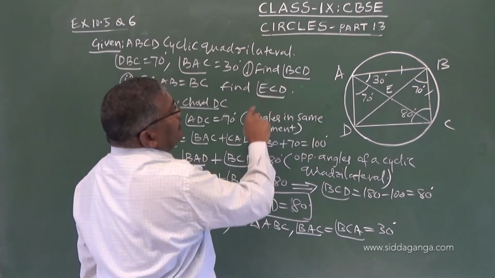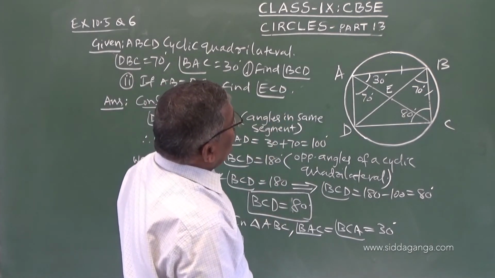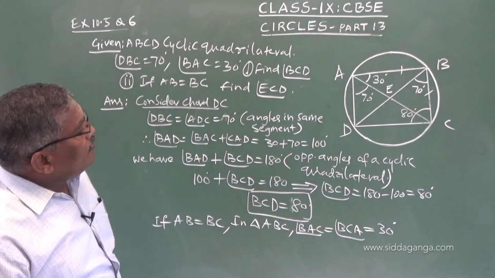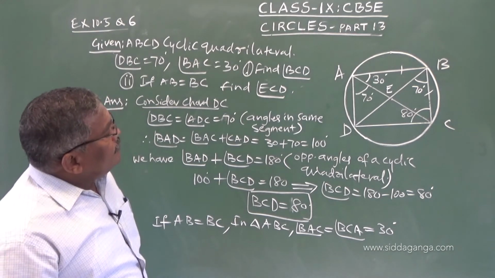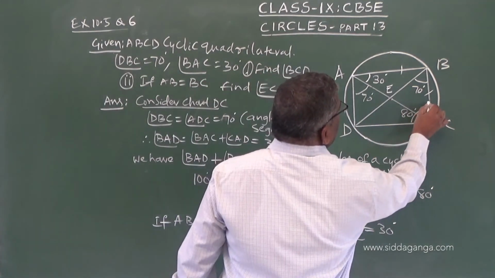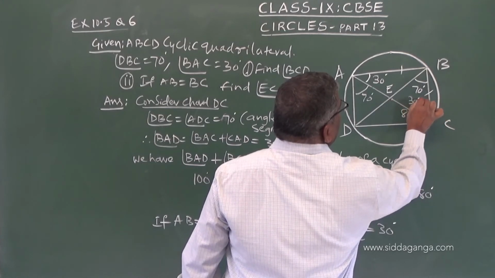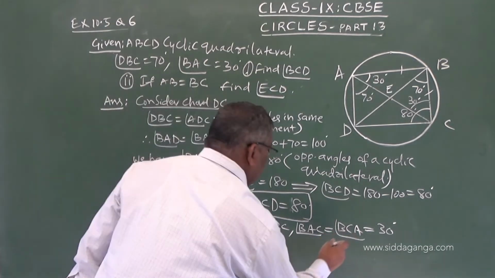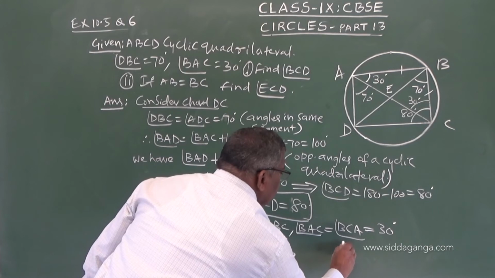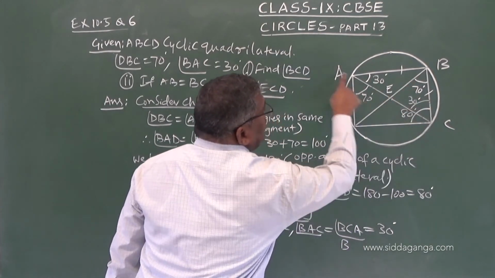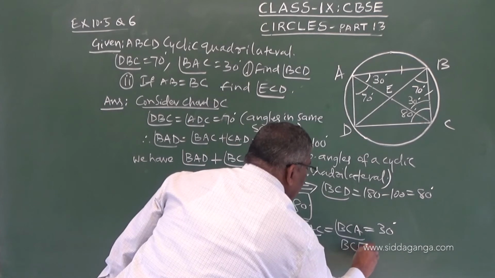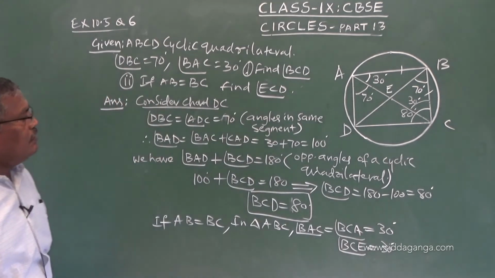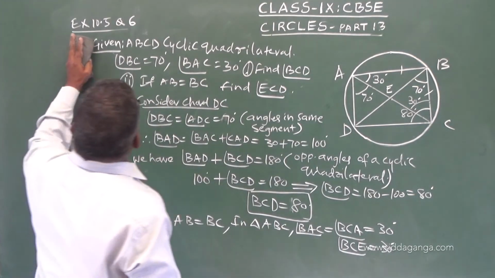This is what is asked. BCD, find ECD. Okay. So this smaller portion is 30 degree. So BCA is same as BCE. Now I will erase this.